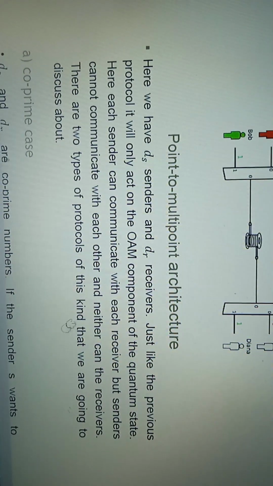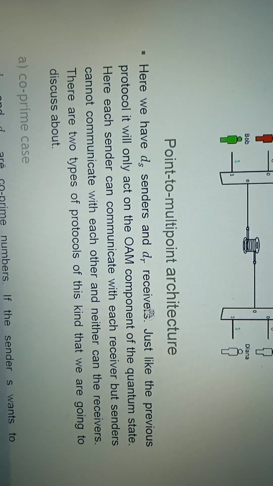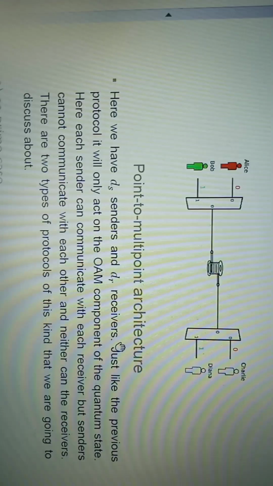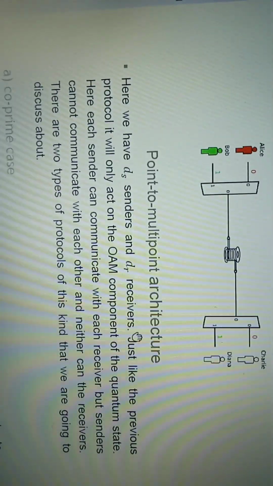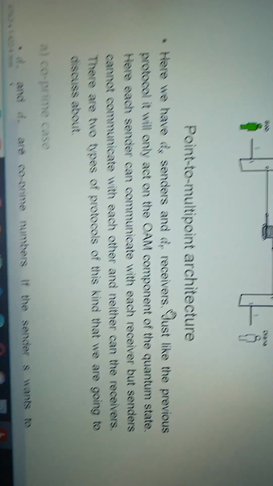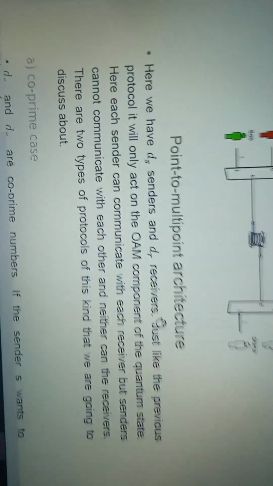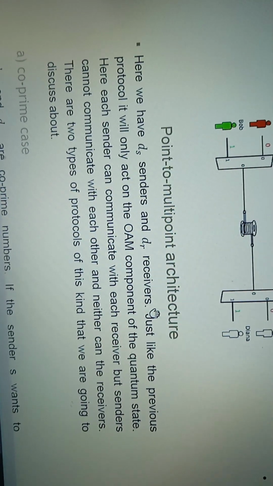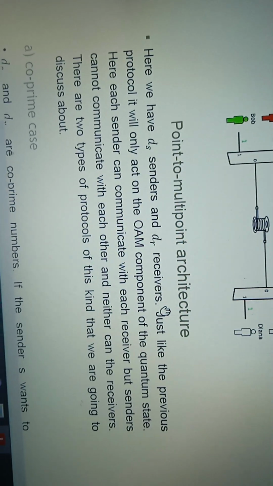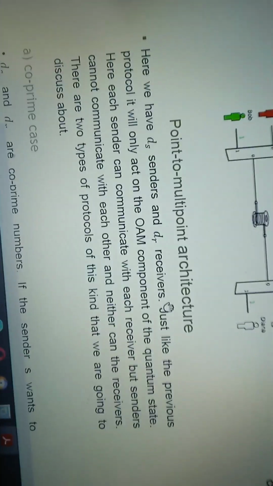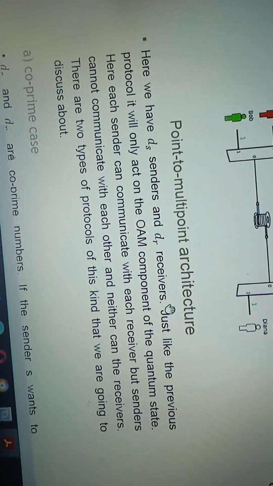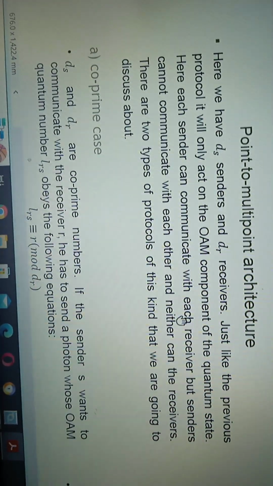Here we have a point-to-multipoint architecture. This is the second type of protocol that we're going to discuss. We have D_S senders and D_R receivers. We are going to discuss here two types of point-to-multipoint protocols.